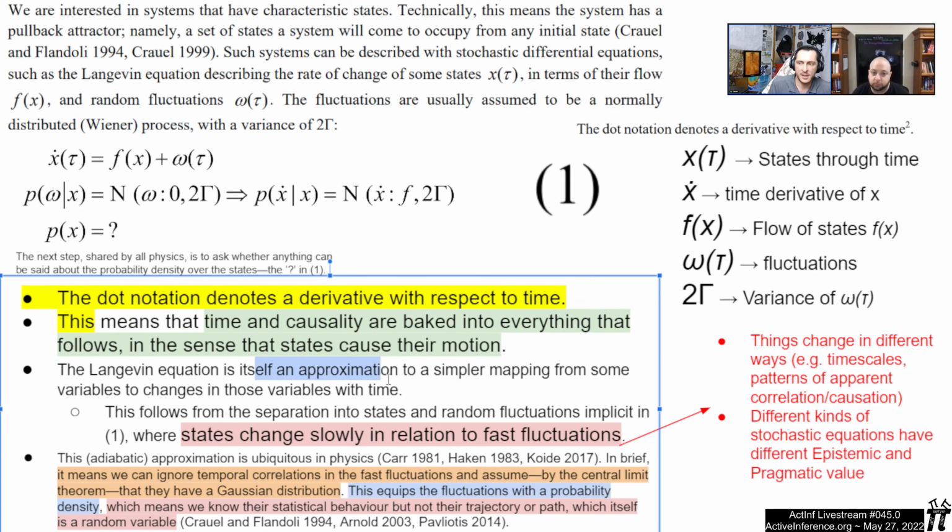This equation is itself an approximation to a simpler mapping from some variables to changes in those variables with time. This follows from a separation into states and random fluctuations implicit in Formalism 1, where states change slowly in relation to fast fluctuations. So if the noise term is dominant, then there will not be flow-like movement on a manifold.